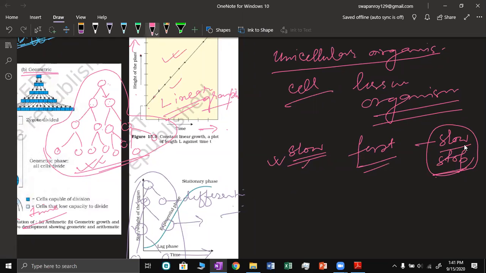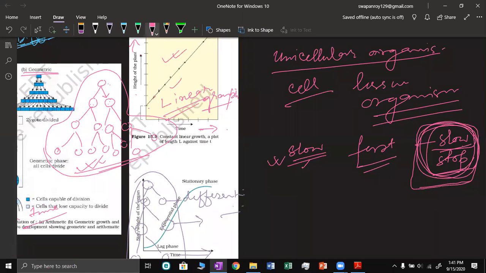Okay, so initially it is slow, becomes very fast, and then slow. Why? Because in the environment, in the substratum, in a culture medium, the nutrition is limited and other factors also interfere, so it does not remain very favorable for growth.